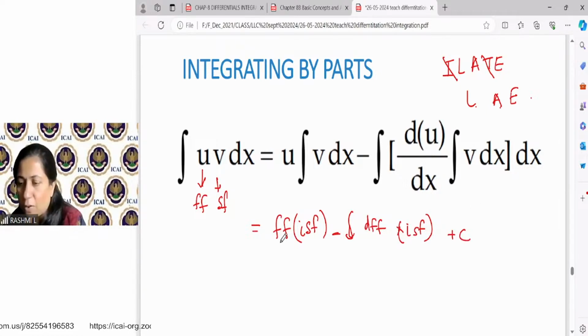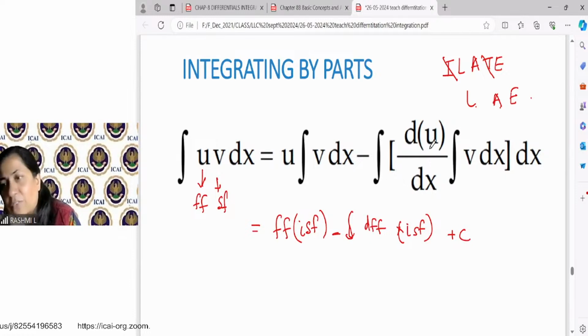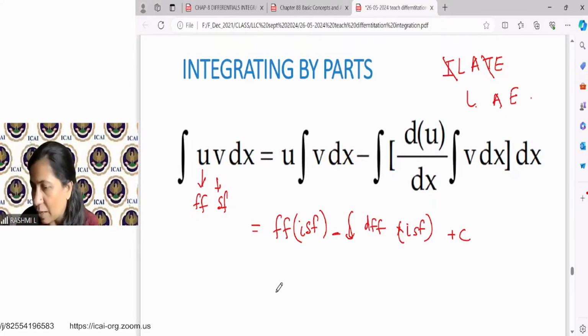Obviously plus c will always be there. So integral of uv is u into integration of v minus integral of derivative of u into integral of v. So this is the formula that we are going to use.